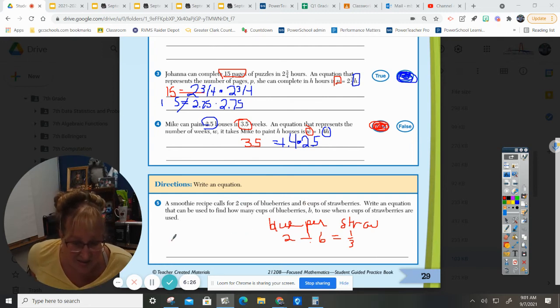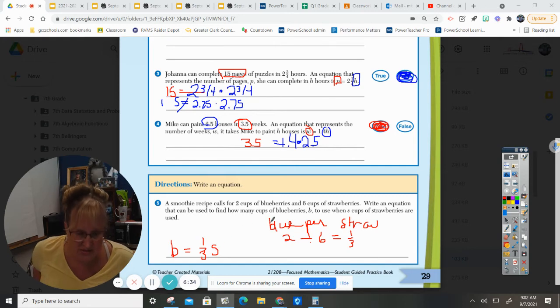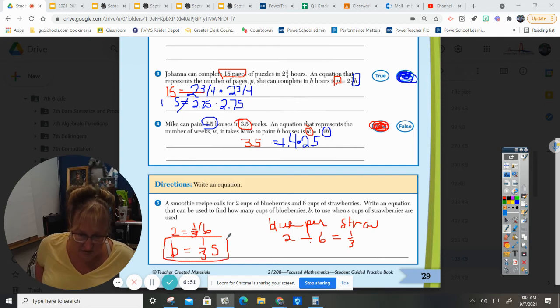So I think the number of blueberries is 1/3 of the amount of strawberries. That does work. So if I substitute in 2 over here, does 2 equal 1/3 of 6? It's a 3. And yes, it does. So this is the final solution for that one.